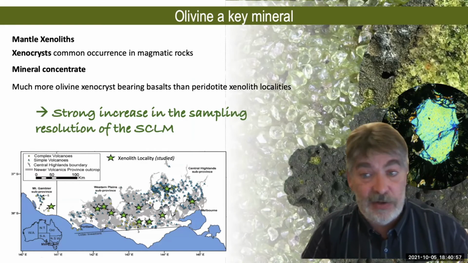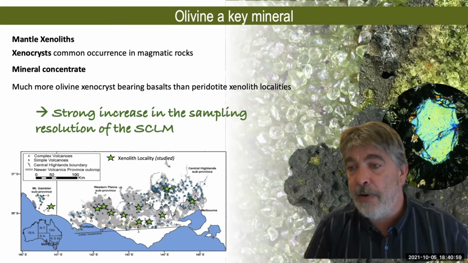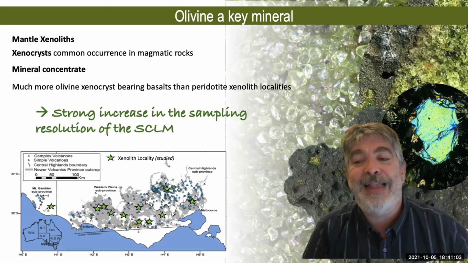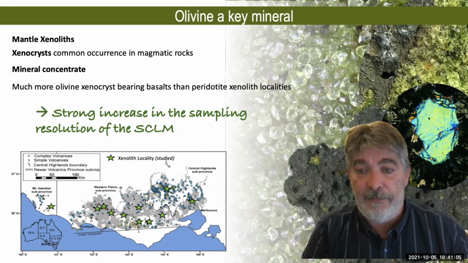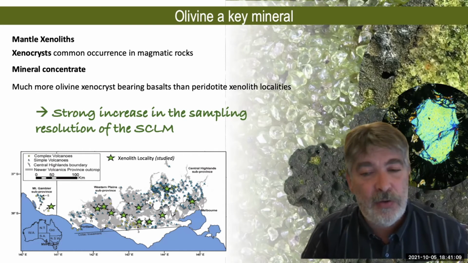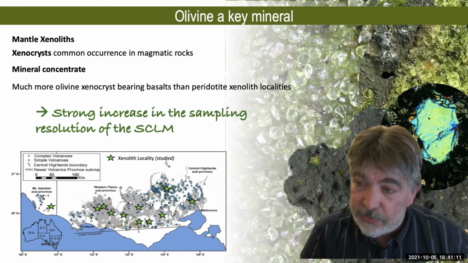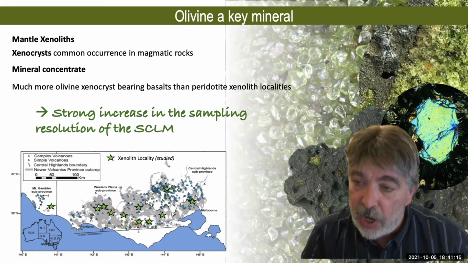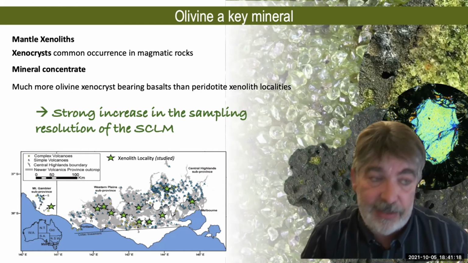For instance, in the Newer Volcanic Province, or Playground, we have numerous xenolith localities, but we have 10 times more volcanoes which are devoid of xenoliths but contain olivine xenocrysts. Therefore, the use of olivine, and particularly xenocrysts, will increase significantly our sampling resolution of the sub-continental lithospheric mantle.